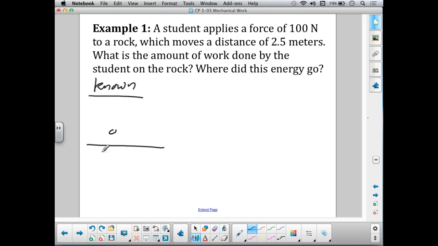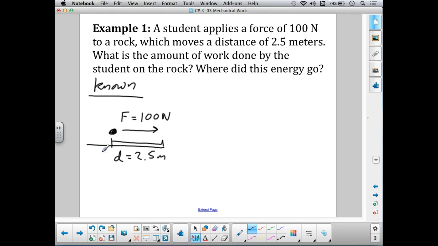I have a rock, and there's a force applied to that rock of 100 newtons. I'm going to say F equals 100 N. N is the units that we're going to use for force. And this distance that the rock moves is going to be 2.5 meters. And the question is, what is the amount of work done by the student on the rock? Where did this energy go?